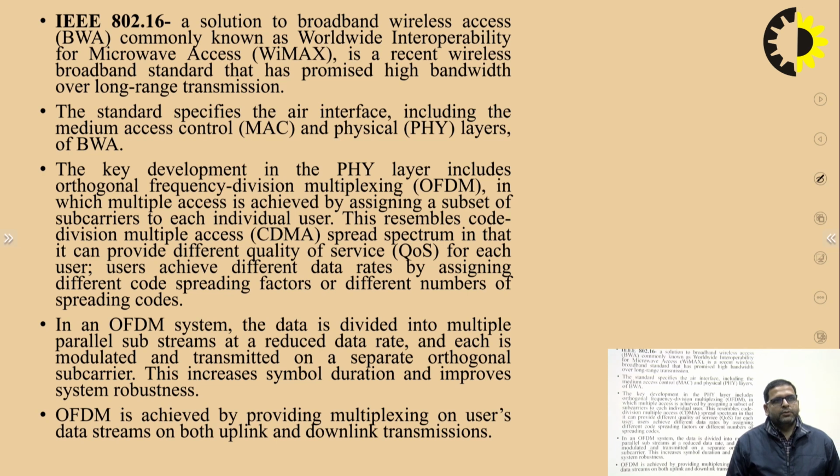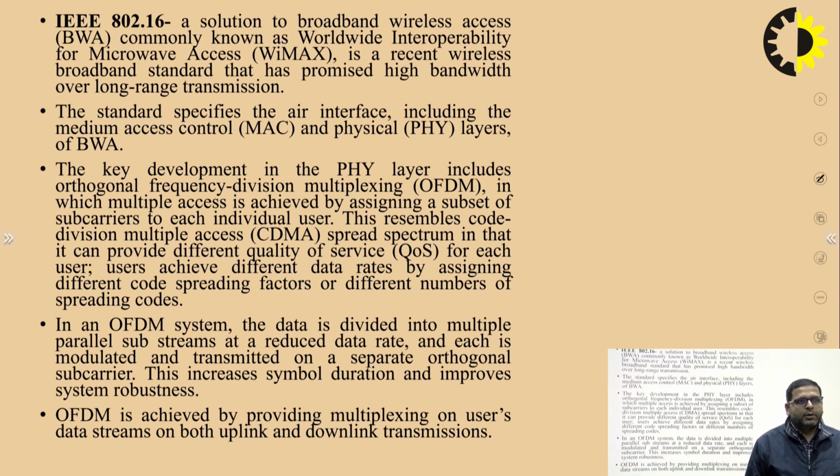It uses two air interfaces including medium access control and physical layer. The key development in physical layer includes orthogonal frequency division multiplexing, in which multiple access is achieved by assigning a subset of subcarriers to each individual user.